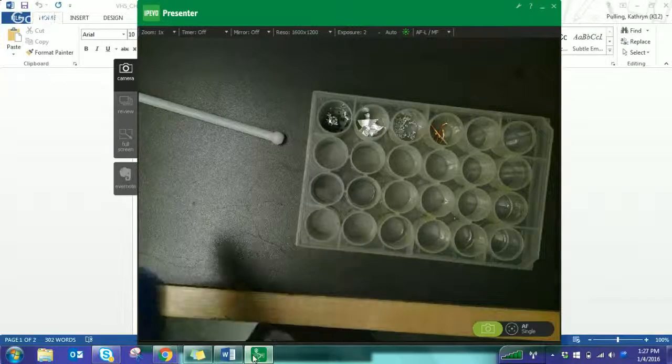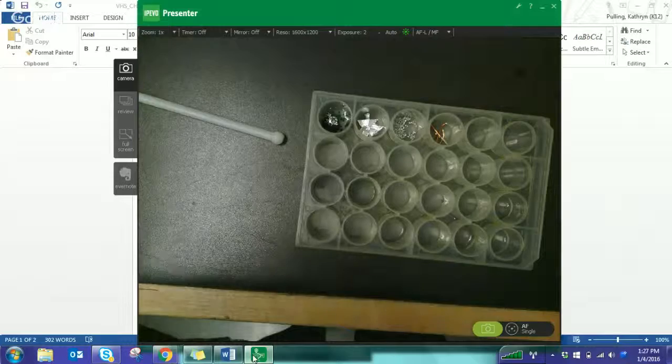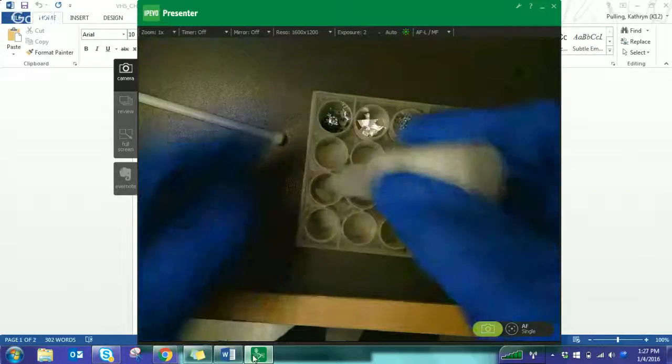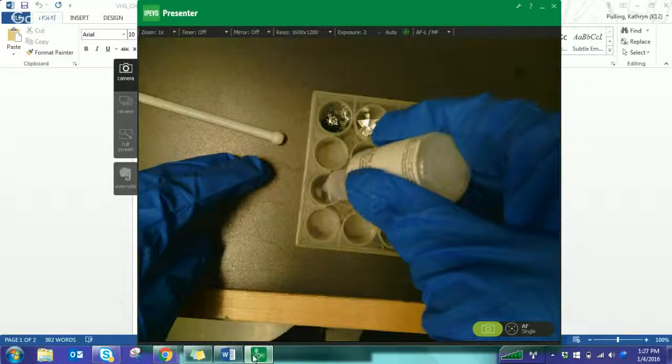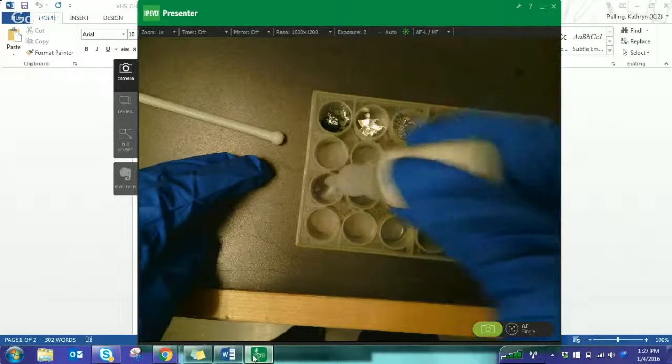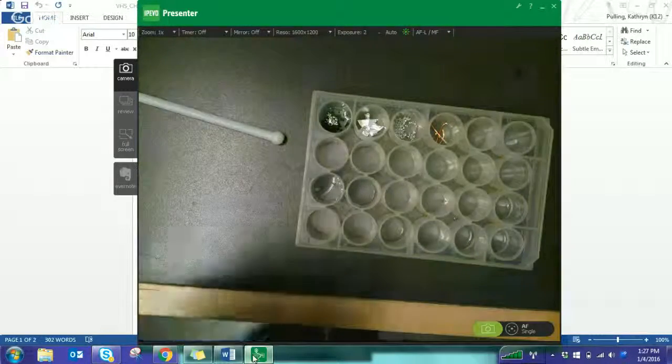I'm actually not going to do this in row A, I'll do this in row C. I've got sodium chloride, so 10 drops. 1, 2, 3, 4, 5, 6, 7, 8, 9, 10. And actually, you can do this like what we've done before.